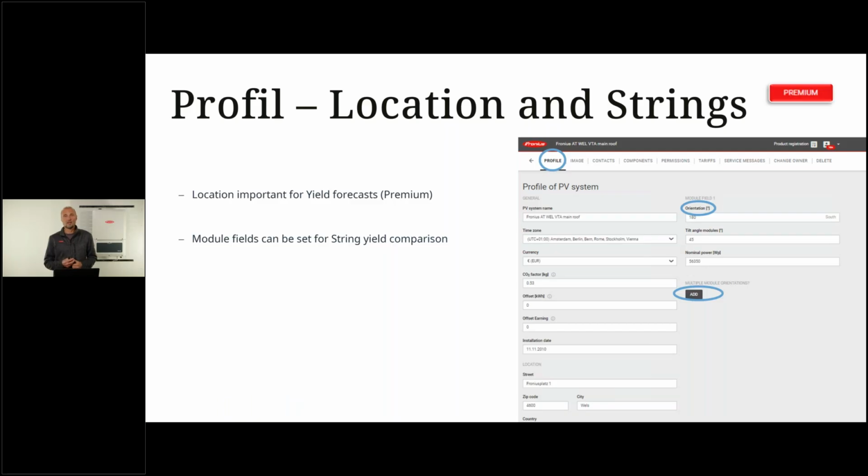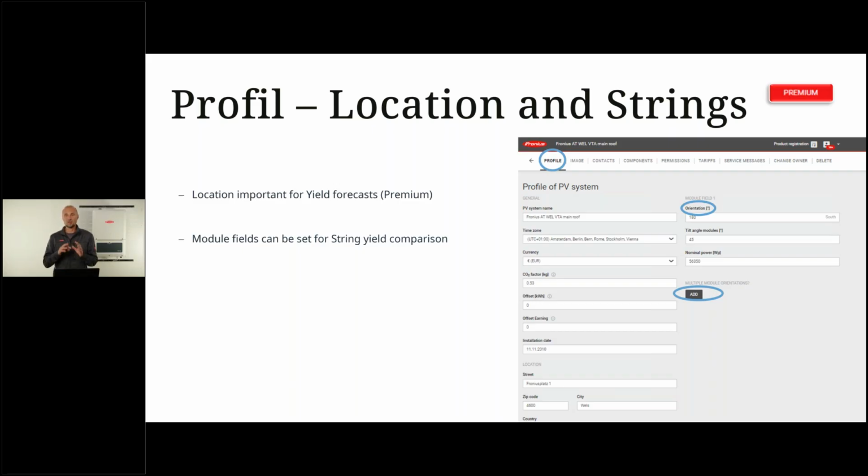First of all, you should enter on the profile the location. Also the system size should be entered here, and also other detailed address of the system. If you have more PV systems, more trackers, you can also add here more trackers.